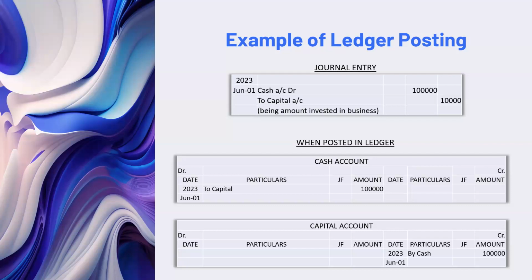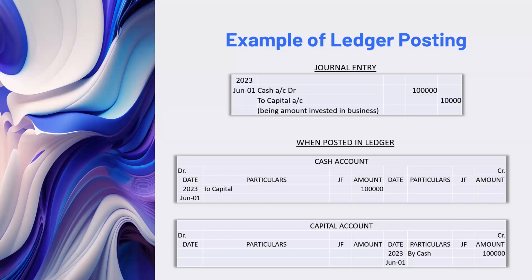Personal accounts means a person's accounts. Personal accounts may be an individual who is associated with the organization, or another organization or agency associated with the organization, or it may be the type of transaction, say capital account, or the sales returns account, purchase returns account.